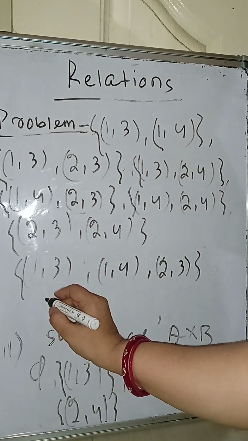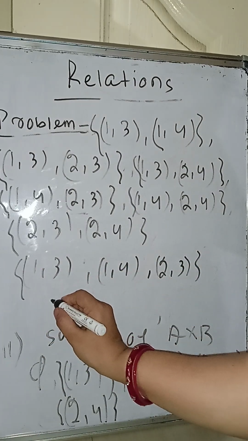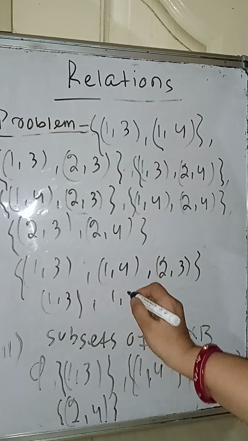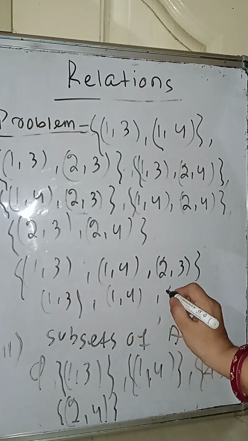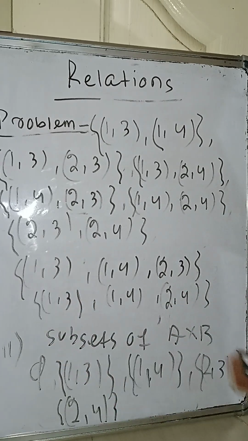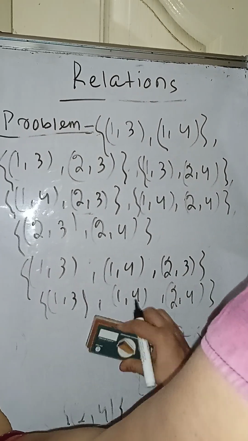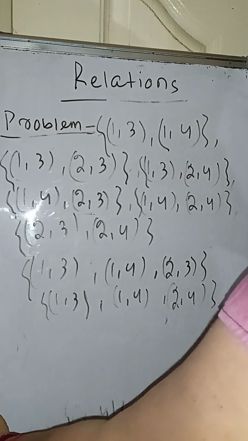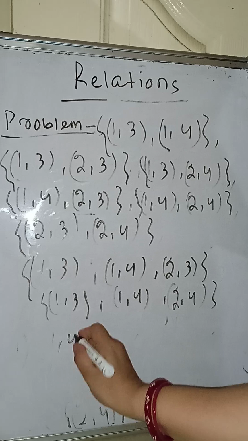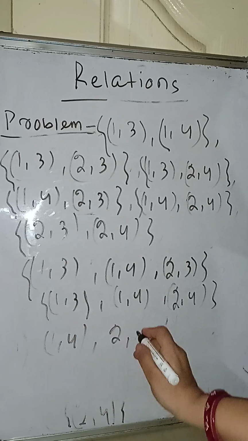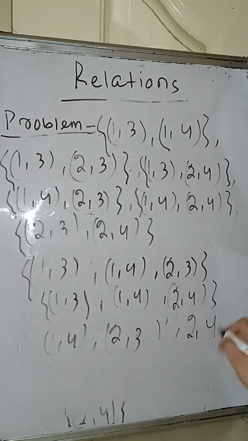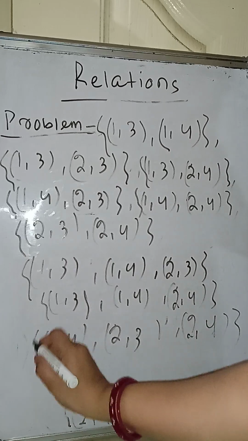Another will be, similarly from that A cross B, you find out (1, 3), (1, 4), (2, 4). Then (1, 4), (2, 3), (2, 4).